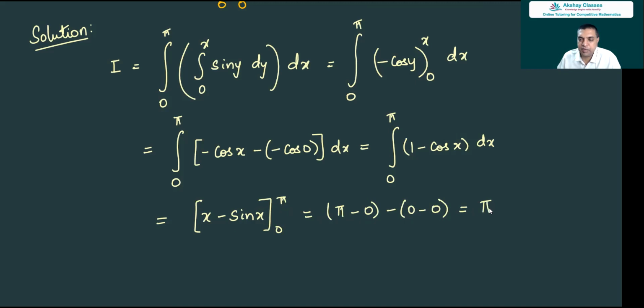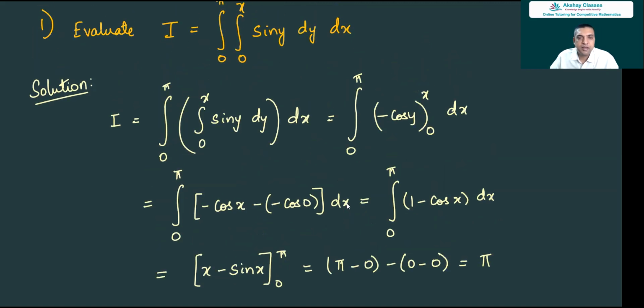So answer is pi. Very simple. First we integrate with respect to y, and then we integrate with respect to x. So depends on the problem. Next, we'll do another problem.